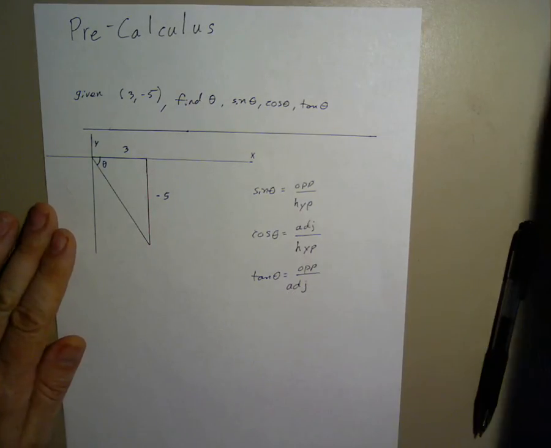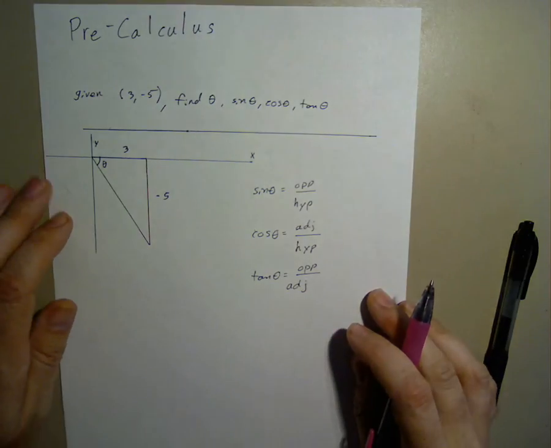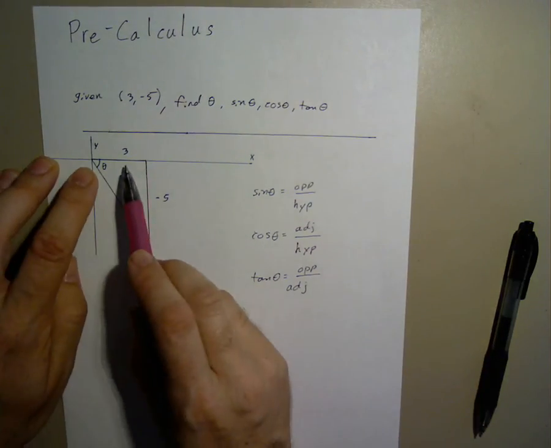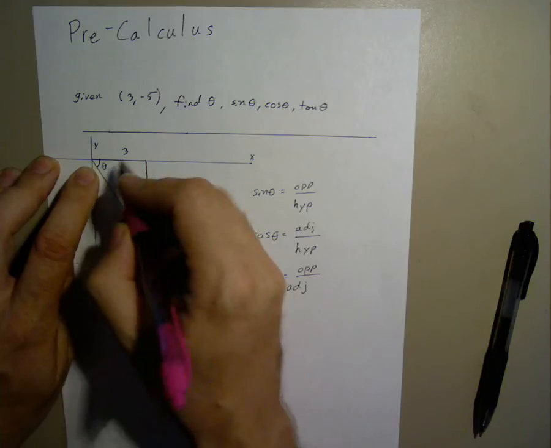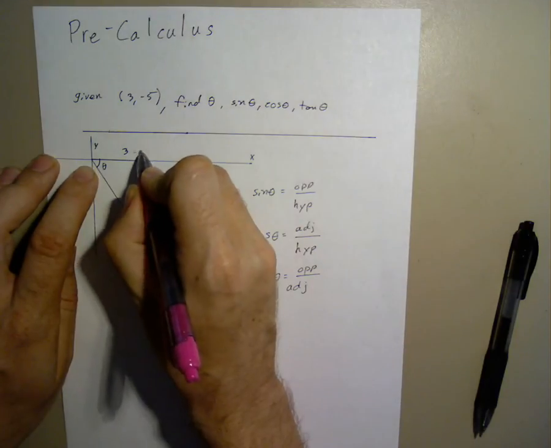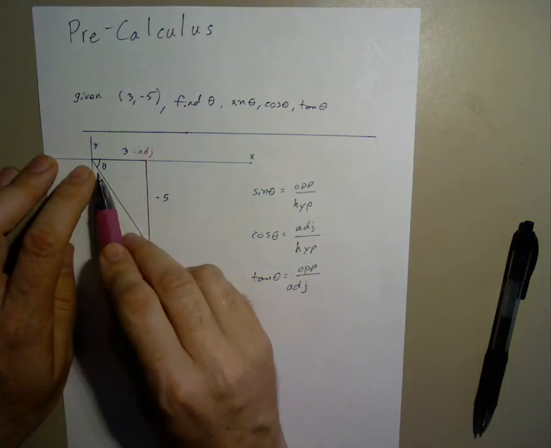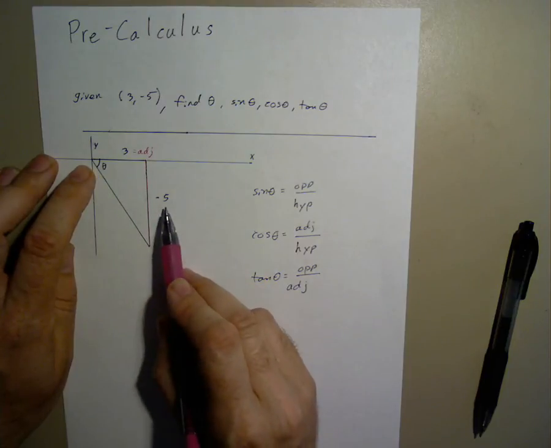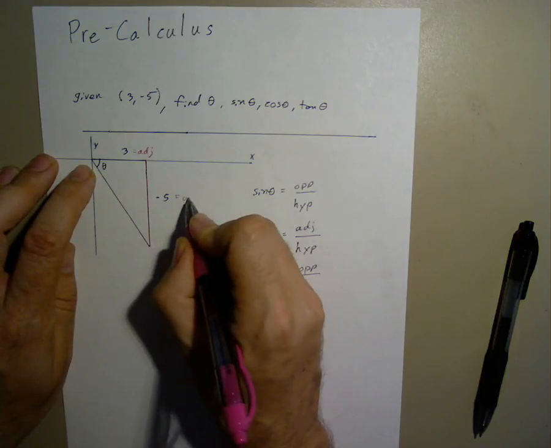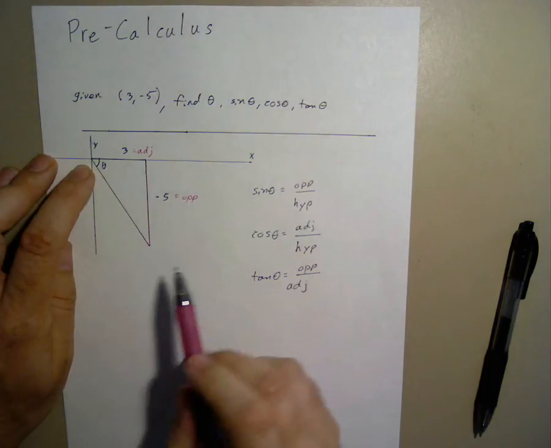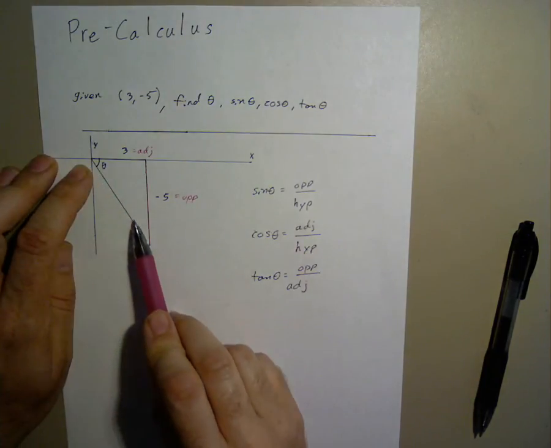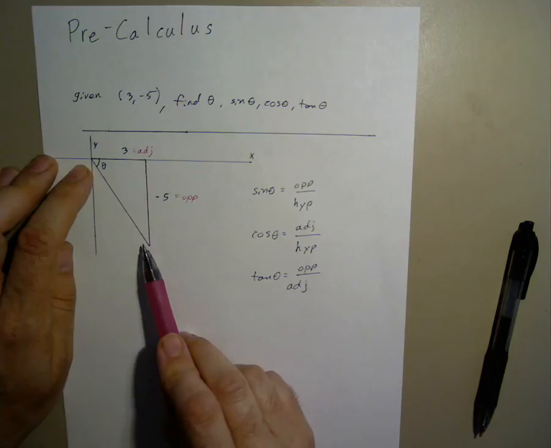In our case, for our triangle, the side adjacent to the angle is 3. The side opposite the angle is -5. The hypotenuse will be this diagonal side right here.